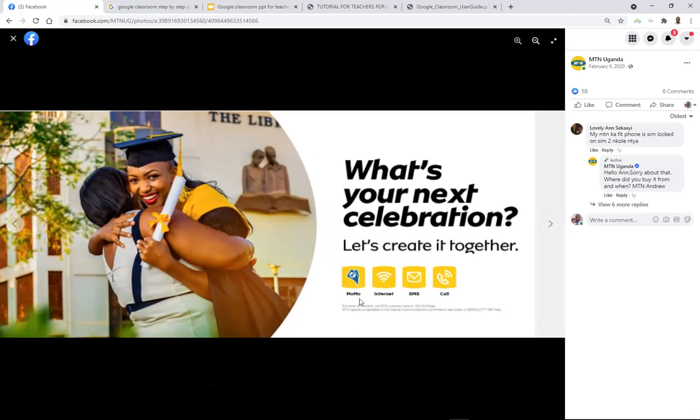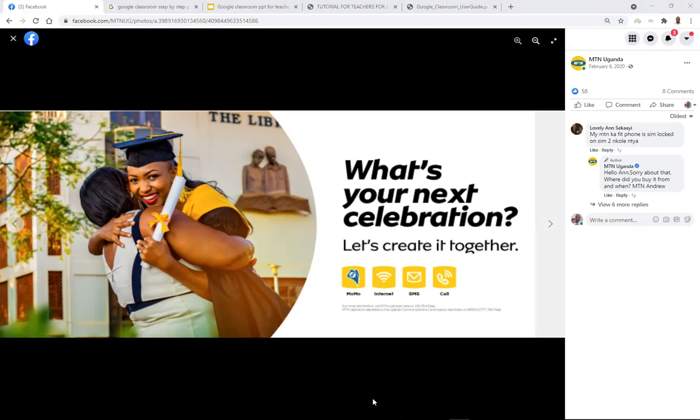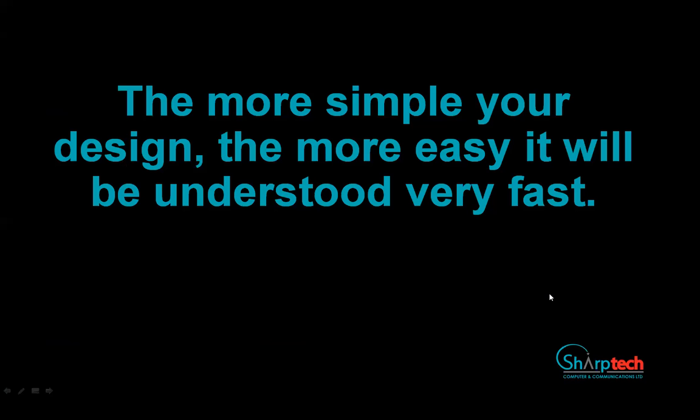So there they are advertising, of course, encouraging people to use these services, the internet bundles, the SMSs, and making calls. So simplicity is a very key element in graphic design.